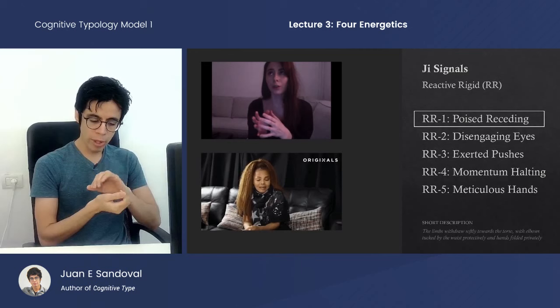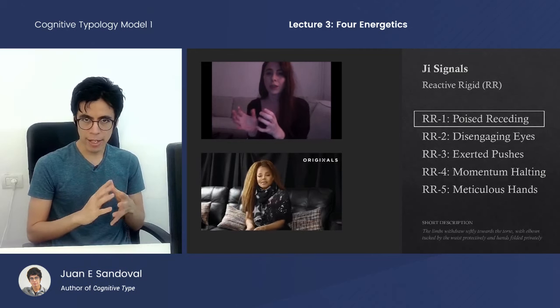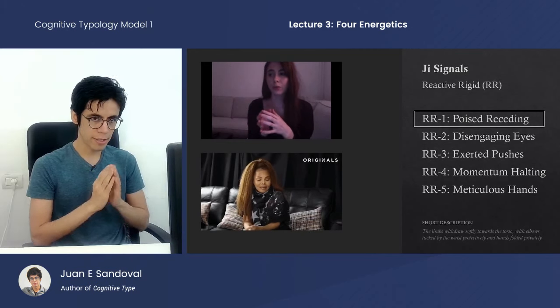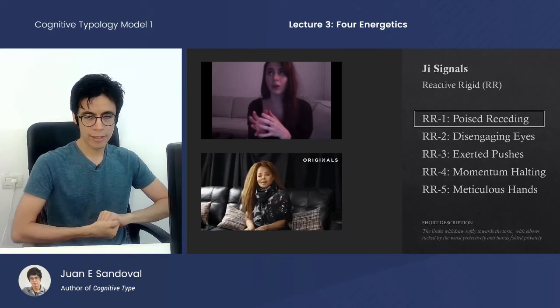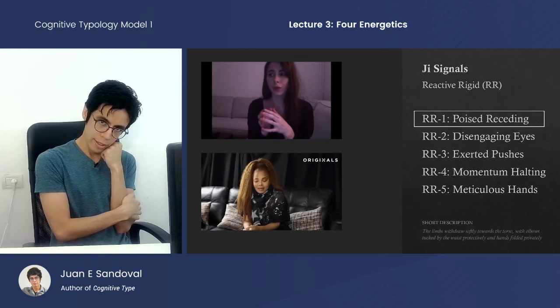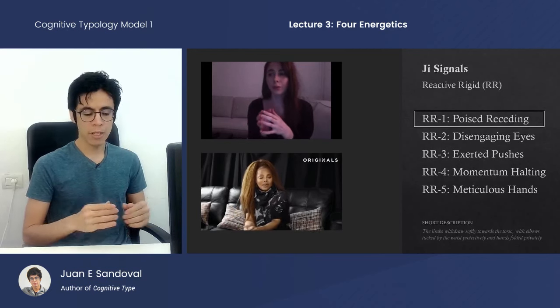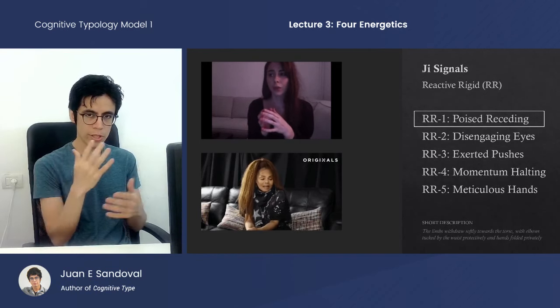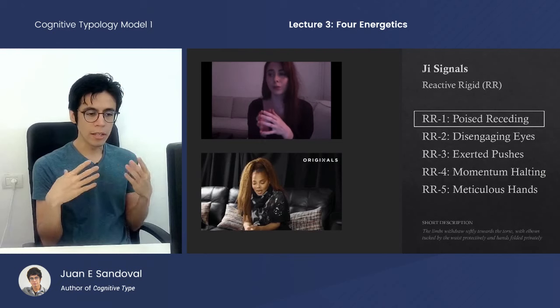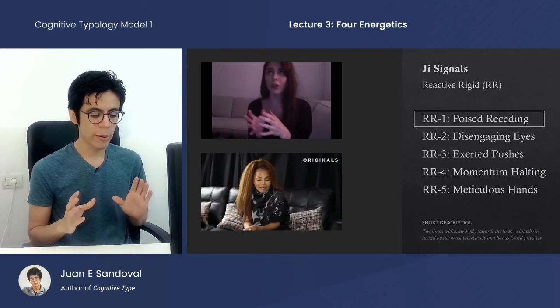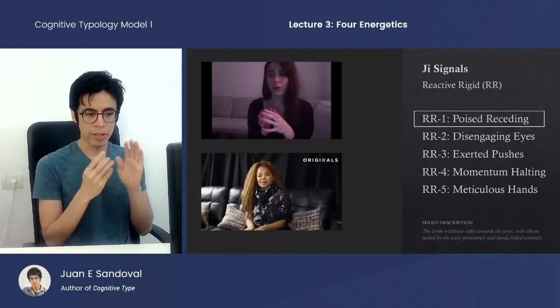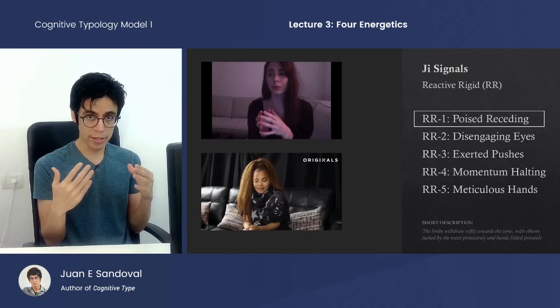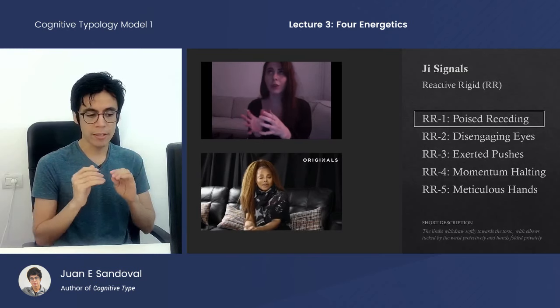So the specific way the hands land is not that important. They could land like this, as we see in this image. They can land like this. They can land like this. Even doing this, it's a form of poised receding. So we don't want to get so specific that we try to isolate a specific way that the hands land, because that is missing the point.